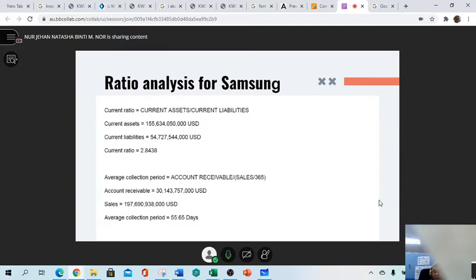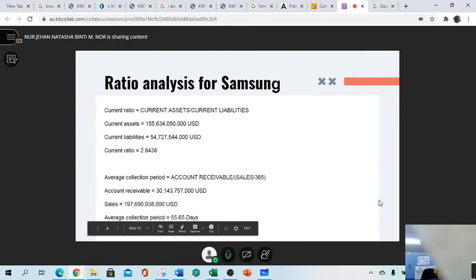The current assets extracted from the statement of financial position of Samsung were 155,634 thousand US dollars during the year 2019.